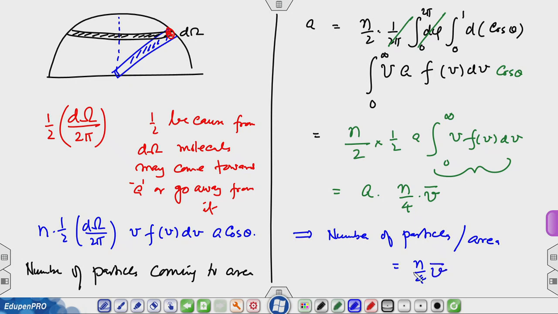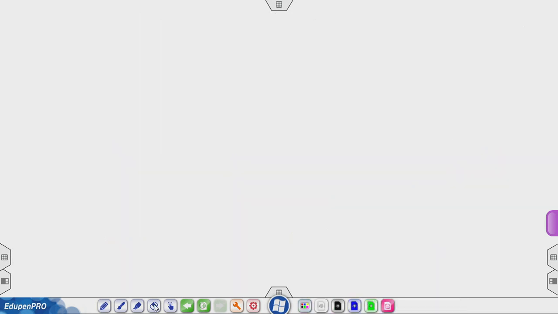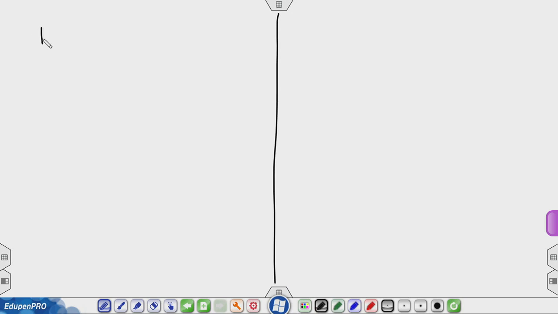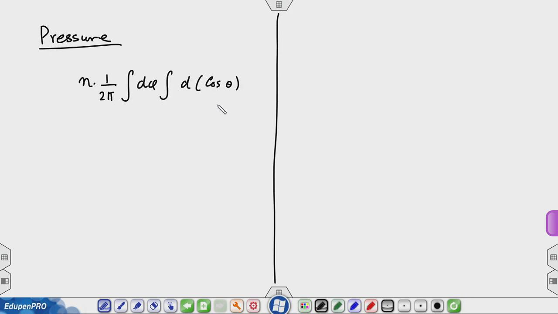Along the same lines, now I can calculate the pressure. For the pressure, again I write the number of particles coming in, and that is n times 1 over 2 pi, integral of d phi, integral of d cosine theta, times v f(v) dv.